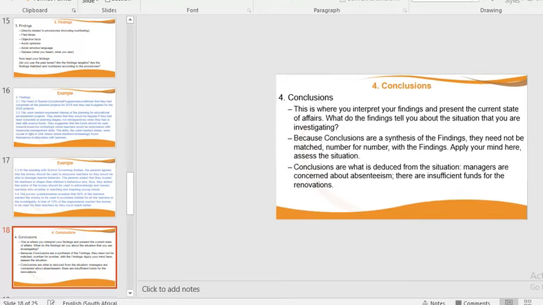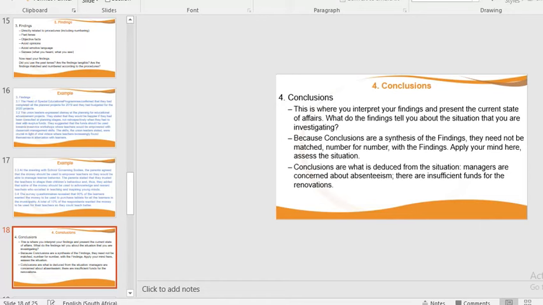All right, conclusions. This is where you interpret your findings and present the current state of affairs. What do the findings tell you about the situation that you are investigating? Because conclusions are a synthesis of the findings, they need not be matched number for number.